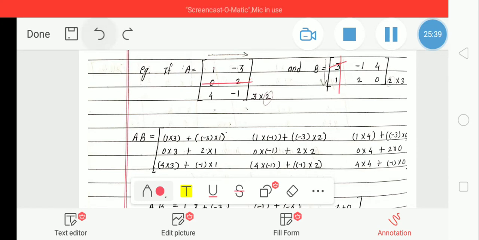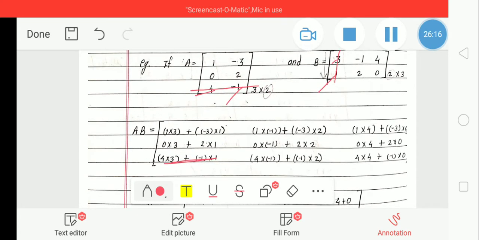Now next we take the second row and second column, 0 multiplied by minus 1 plus 2 multiplied by 2, and then the second row and third column, so 0 multiplied by 4 and 2 multiplied by 0. Then the last one, we take the third row and first column, so 4 multiplied by 3 and minus 1 multiplied by 1.